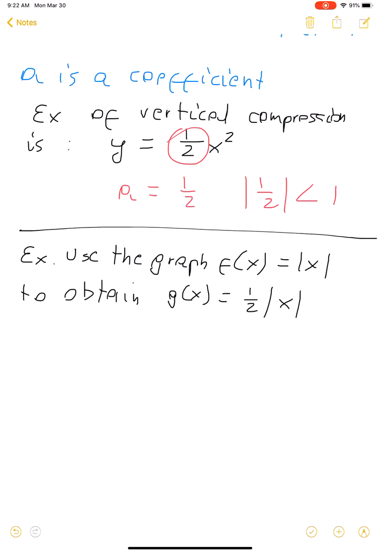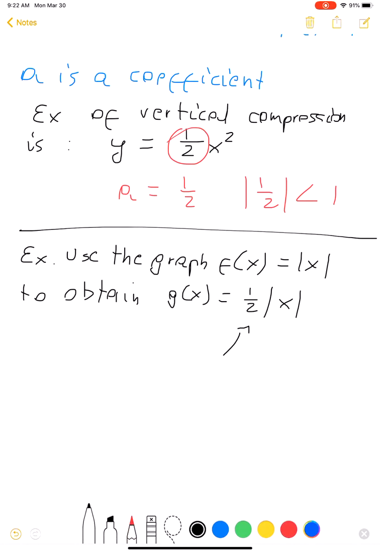So like you guys see, because of that 1/2, we have vertical compression.